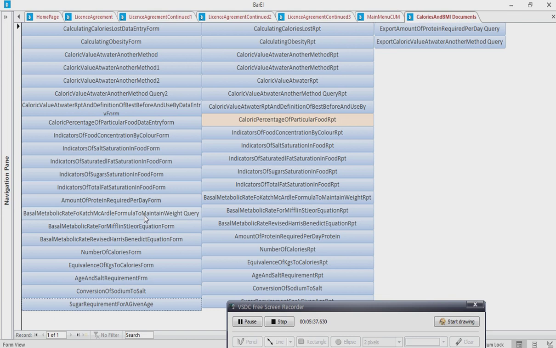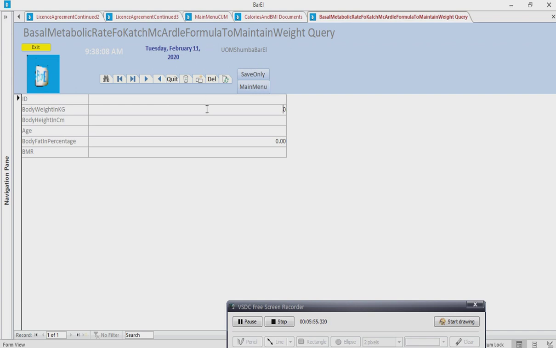Let us go to calculation of basal metabolic rate or energy expended at rest. The body weight is 70 and the body height is, let us say, maybe 120 centimeters or 160.